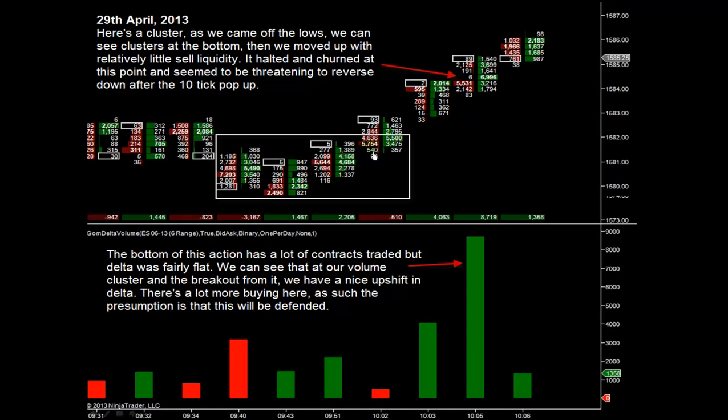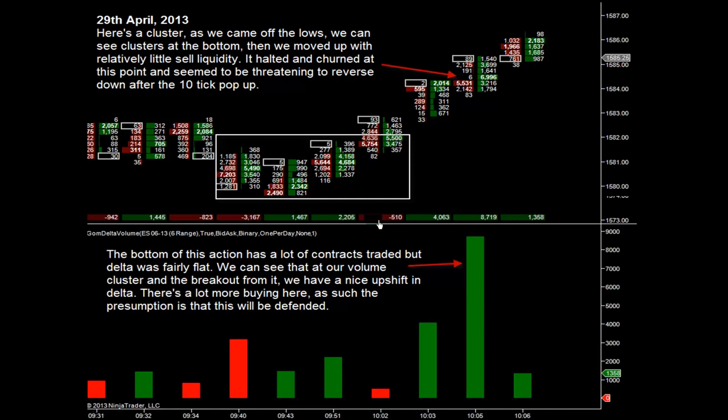Now here we see a lot of volume trading at the low of the day. Even though there's a lot of volume there, we've got 7,000 contracts here, 5,000 here, 2,000, 5,000, 4,000, the delta itself is quite neutral: minus 3,000, plus 1,400, plus 2,200, minus 510.